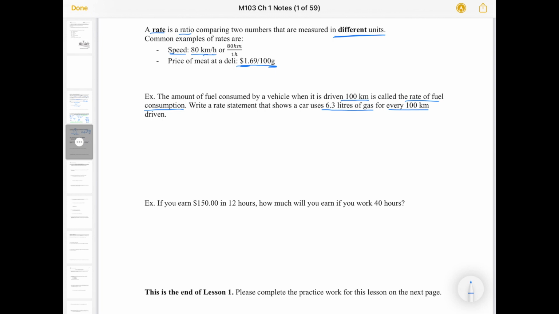So it is going to use 6.3 liters for every, right, per 100 kilometers. So that's all we would write here. We're just writing the statement. There's 6.3 liters for every 100 kilometers.